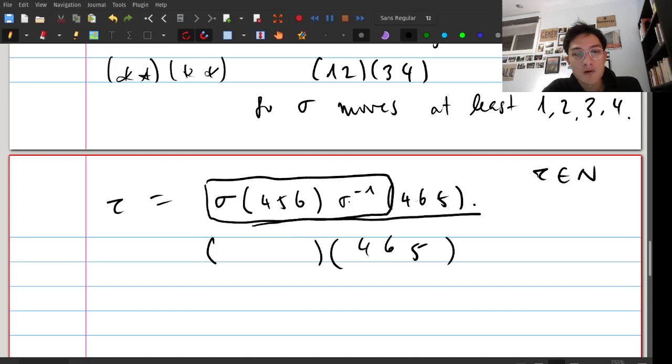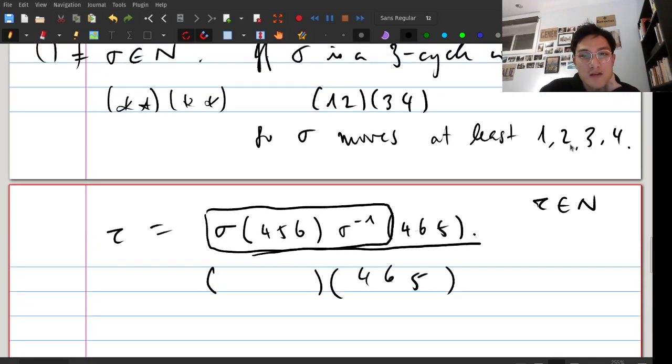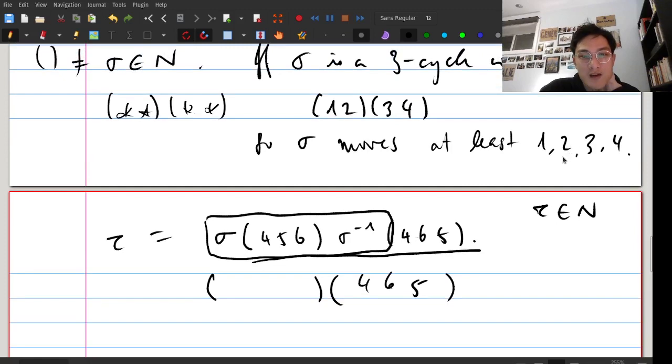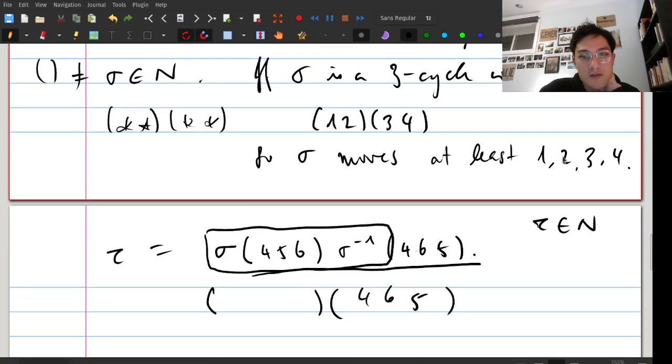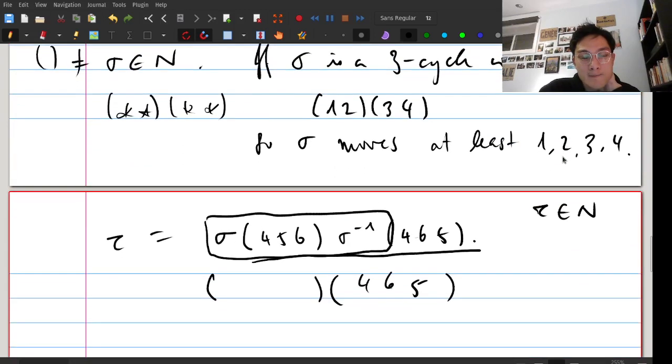So sigma moves 4. The problem is I'm worried what happens if sigma moves 5 and 6 as well. I'm not sure I thought about that. Can we say what sigma fixes?